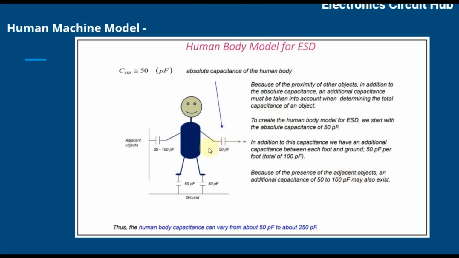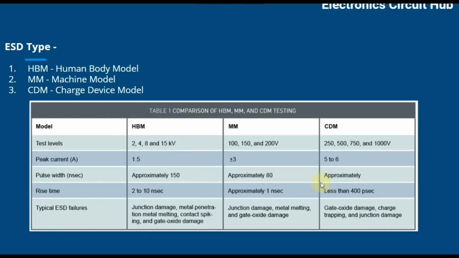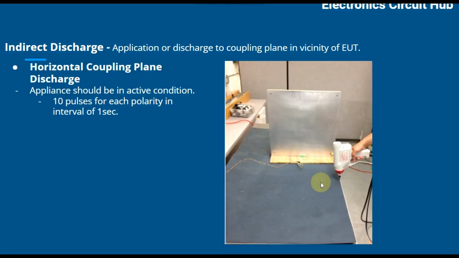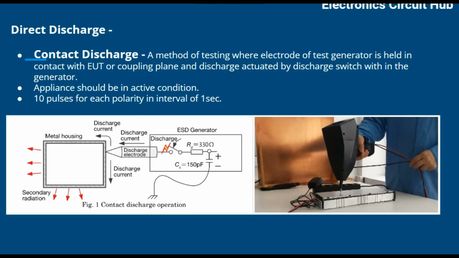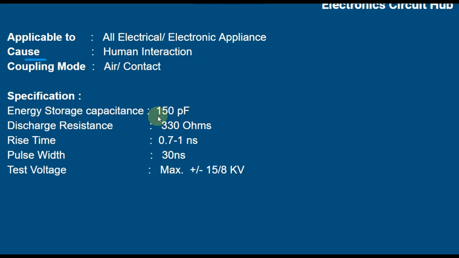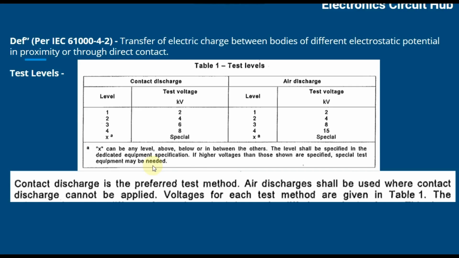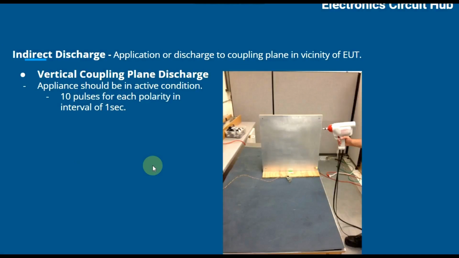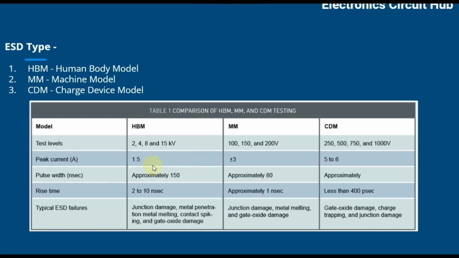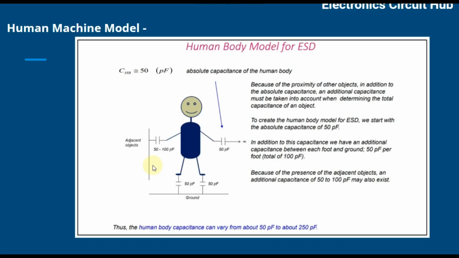If you look at the specification, it says the capacitance for ESD is 150 pF. So for the human body model, 50 pF is the absolute capacitance and 100 pF is the adjacent capacitance, right guys? I hope you are trying to understand something about ESD.